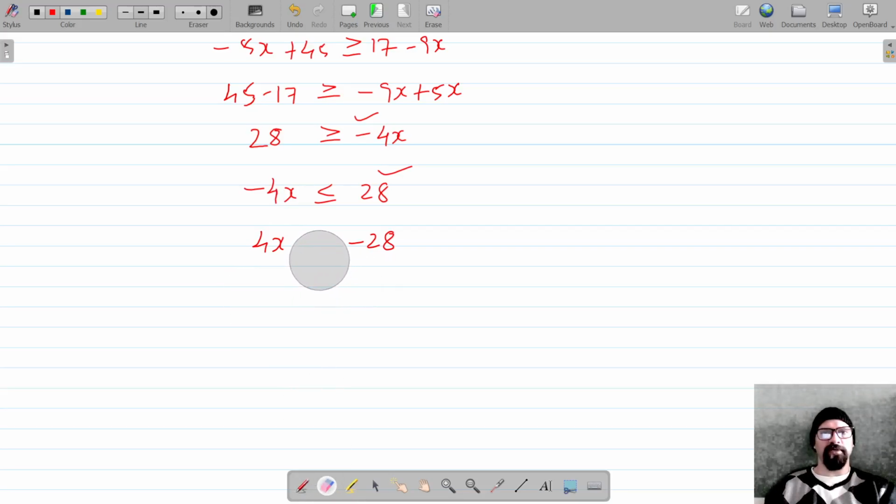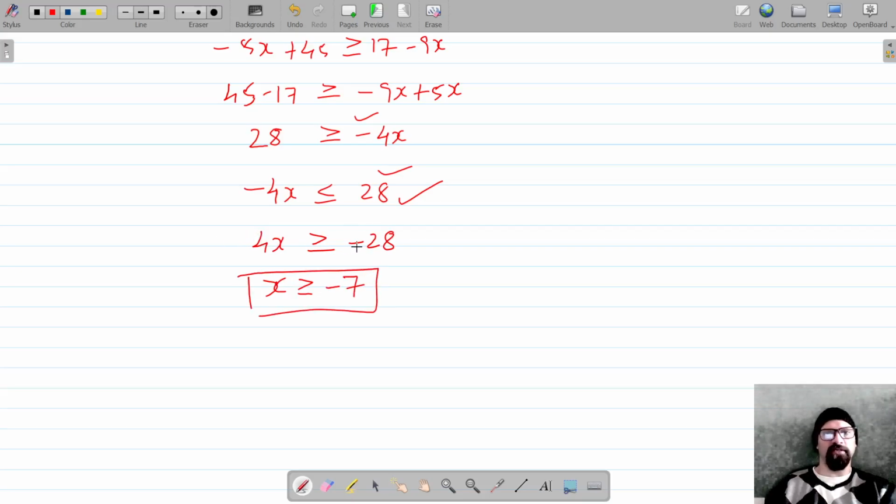If I multiply this with negative, the sign of inequality changes. Now x is greater than or equal to negative 7. So when we multiply both these sides with negative, this sign changes. That means I multiplied minus 4x with negative and this with negative, so this sign changes. So this is now x is greater than or equal to negative 7.